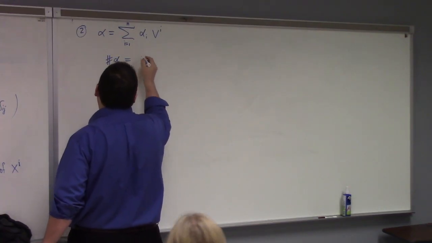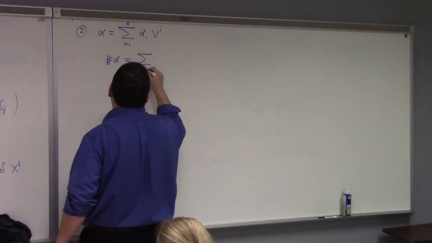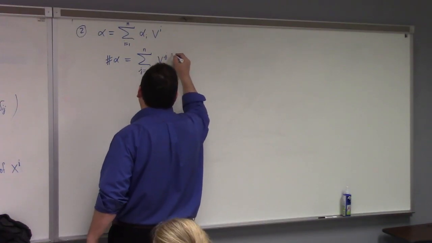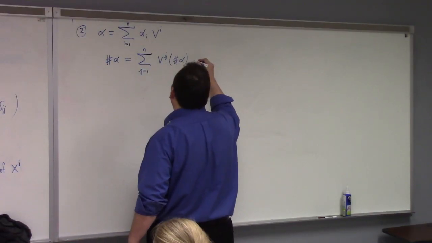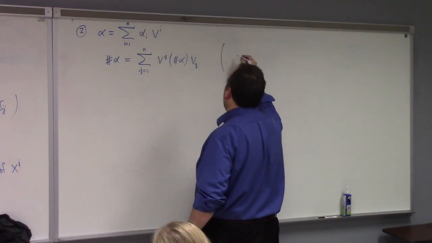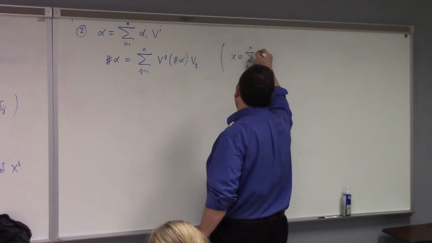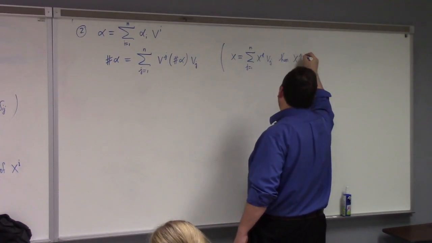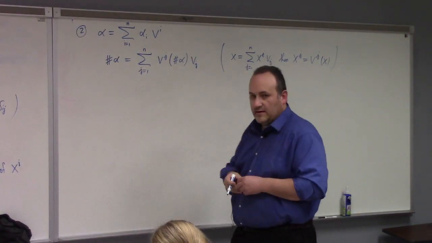That is equal to the sum j equals 1 to n of v upper j acting on sharp alpha, times v lower j, because this was a general result we had. If x is equal to the sum j equals 1 to n of x upper j v lower j, then x upper j is really just v^j acting on x. That was a general result we had.